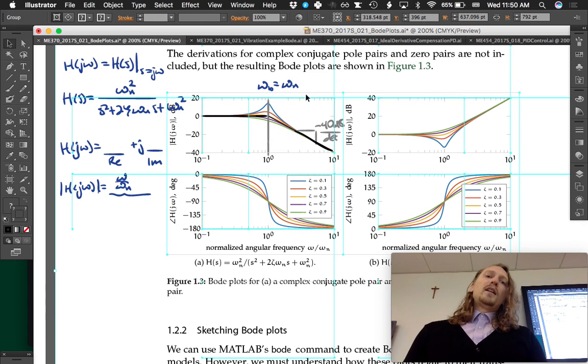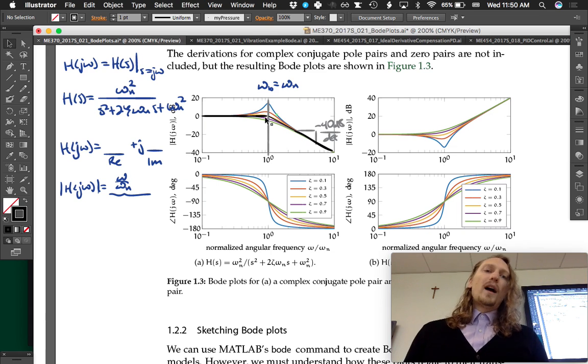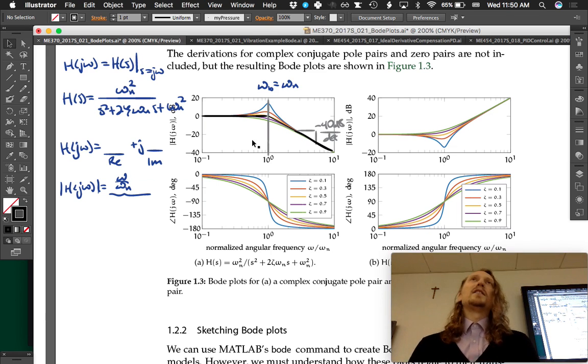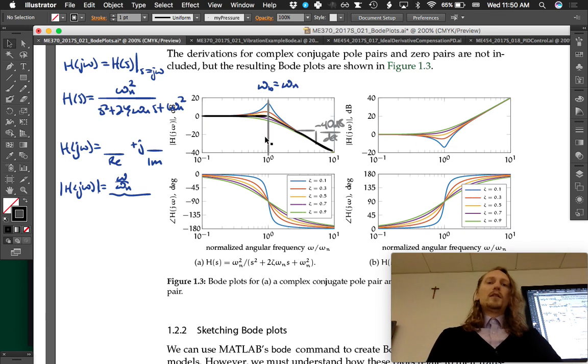And then you have to interpret the zeta, the damping ratio. So for high damping ratios like 0.9, 0.7, that straight line approximation is not bad. You could do some rounding if you wanted to. When you get to low damping ratios like 0.1 or like 0.01, you start to get this peak that happens.